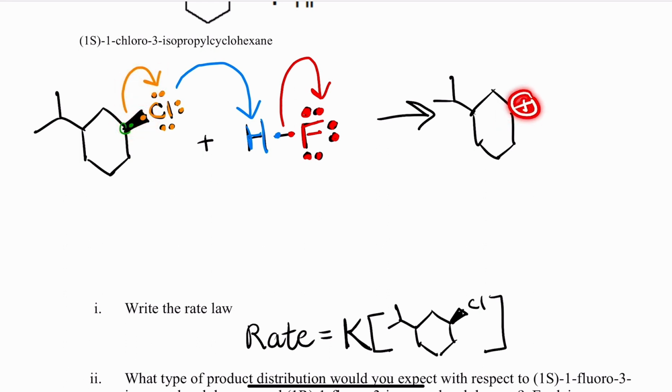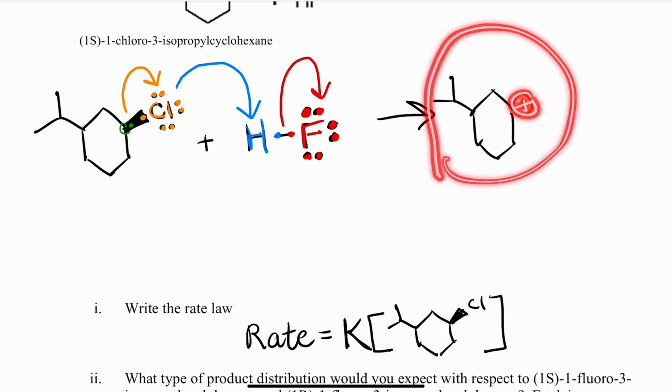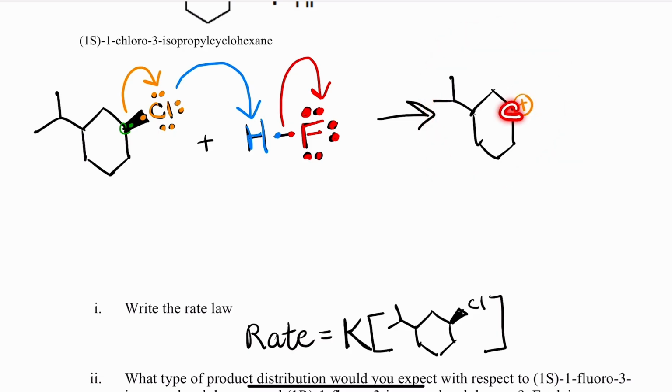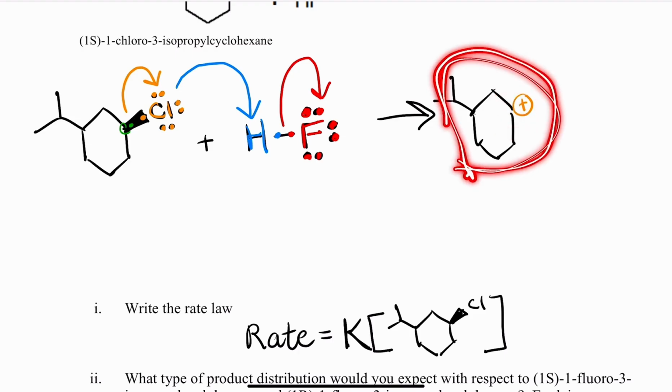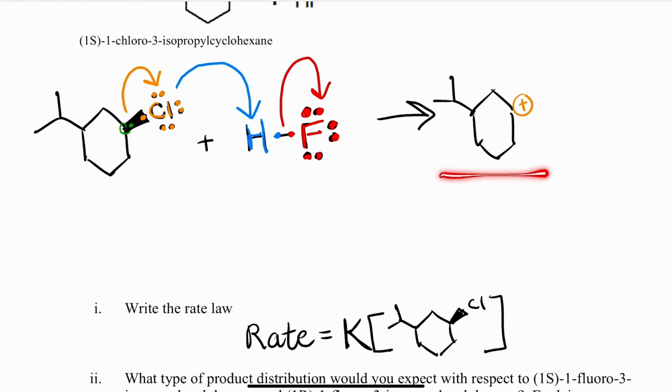So this plus is the carbocation. It's a carbon that is a positively charged ion, which is what cation means. So it's a carbocation. This isn't stable, this isn't happy, this is a bad situation for carbon, to have one of its electrons gone.